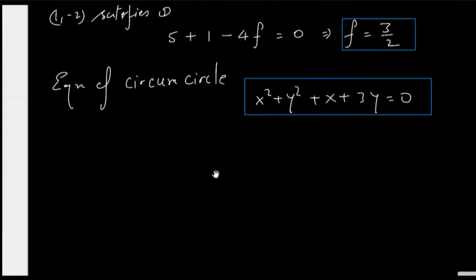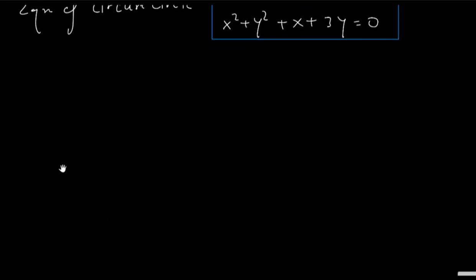Achha, one more method I can show over here. It's pretty easy. If you know that the image of the orthocenter about any side of the triangle lies on the circumcircle, as you know, then if we apply this concept, you will get the complete idea.